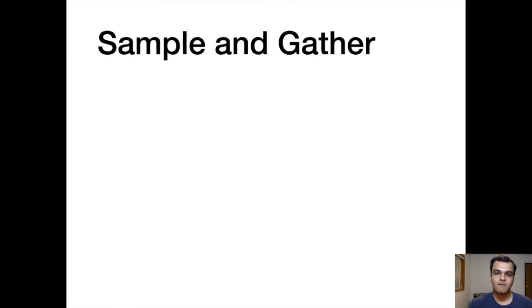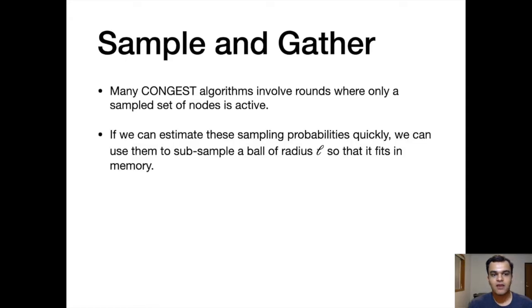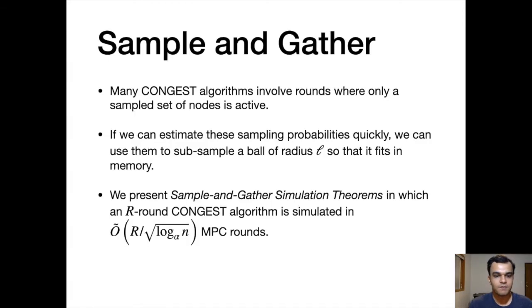So this leads to our sample and gather simulation theorems, where we observe that many such CONGEST algorithms involve rounds where only a sampled set of nodes is active. If we can estimate these sampling probabilities quickly, then we can use them to subsample a ball of radius L so that it fits into memory.